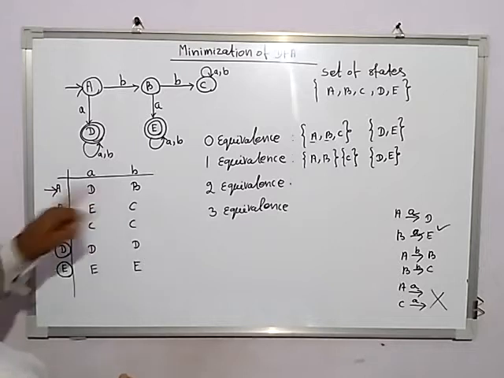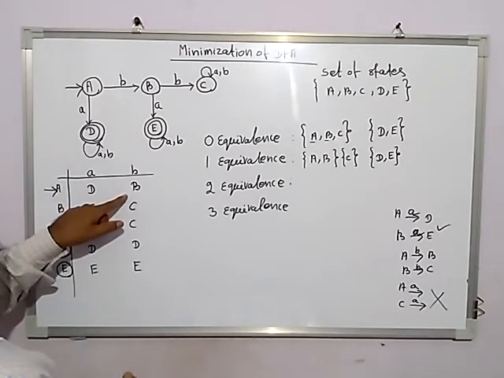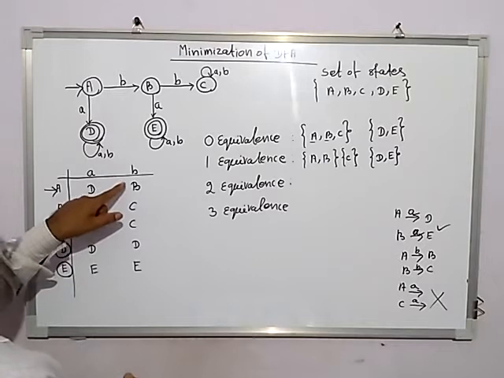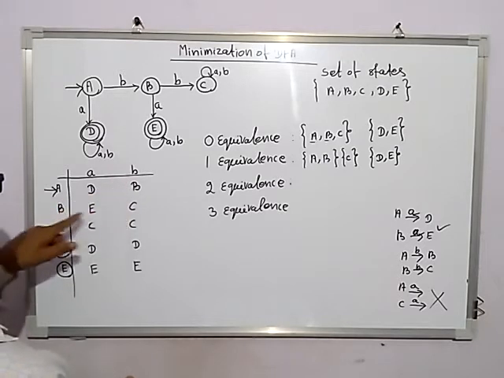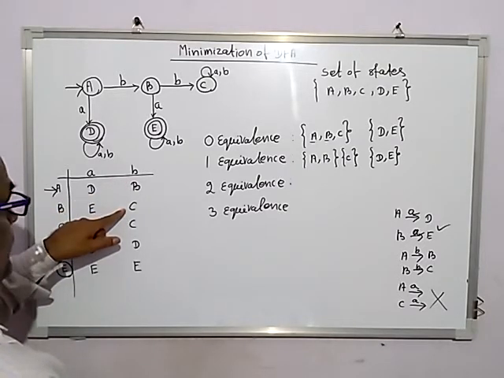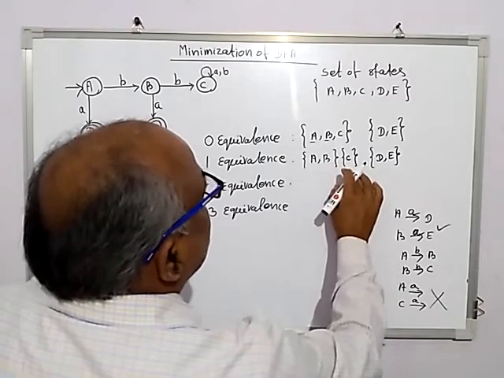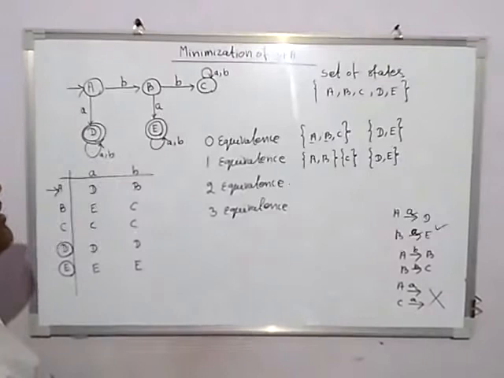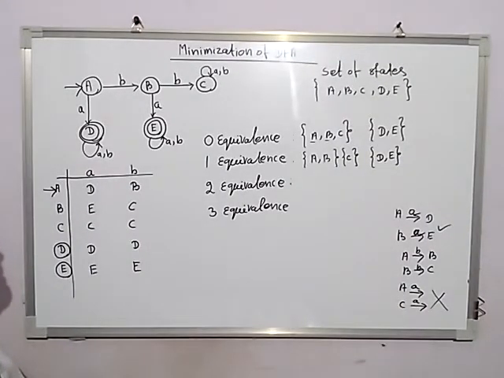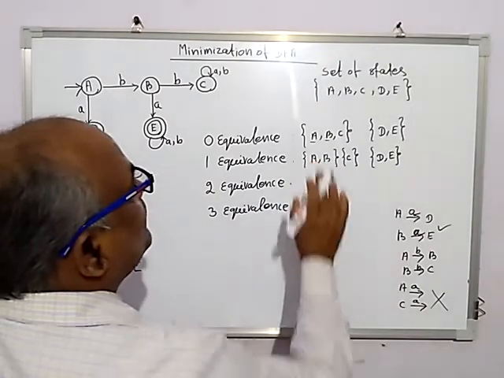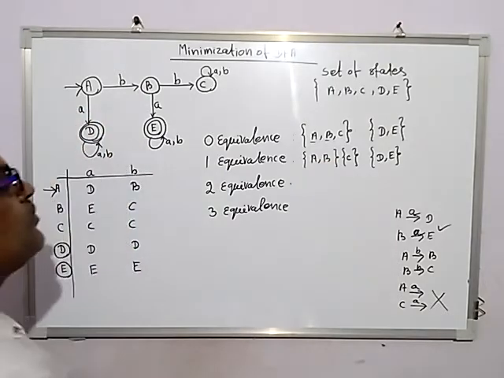Again, we check for input B. A for input B goes to B, and B for input B goes to C. B is in one set and C is in another. These are in two different sets. That's why A and B are not two equivalent.